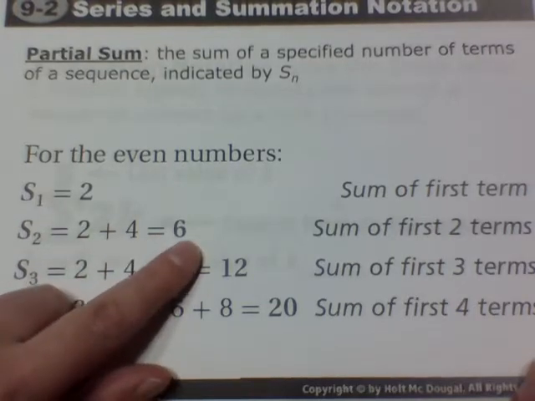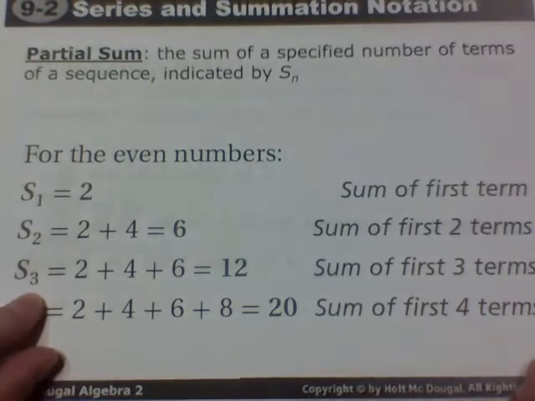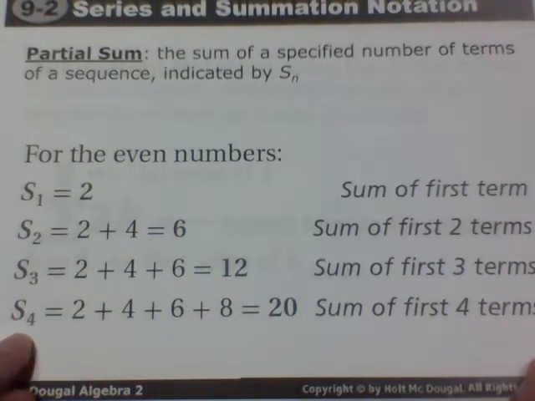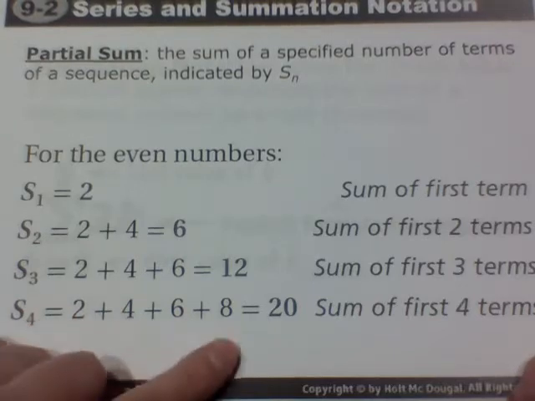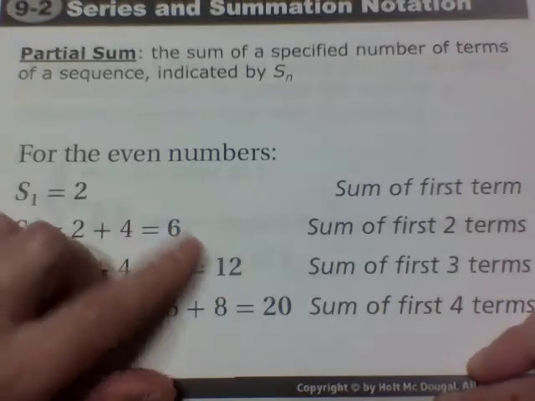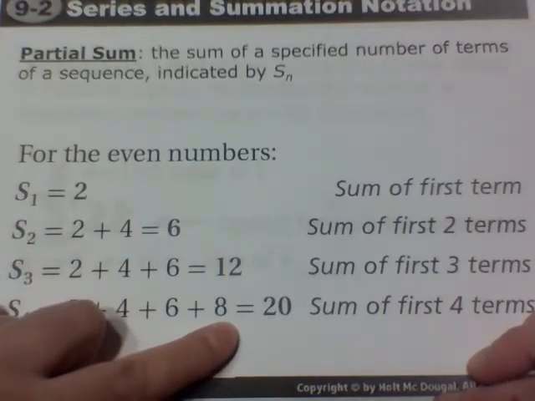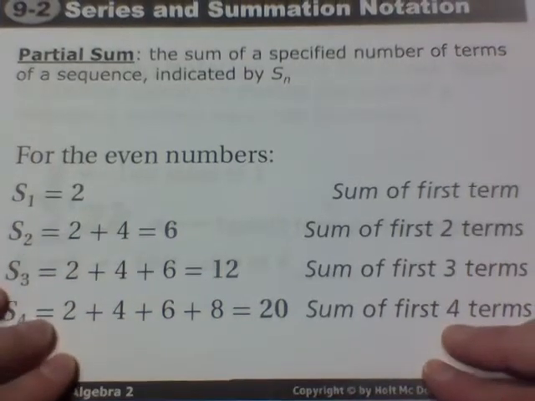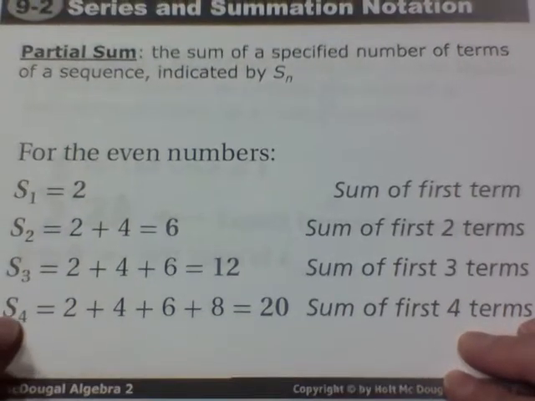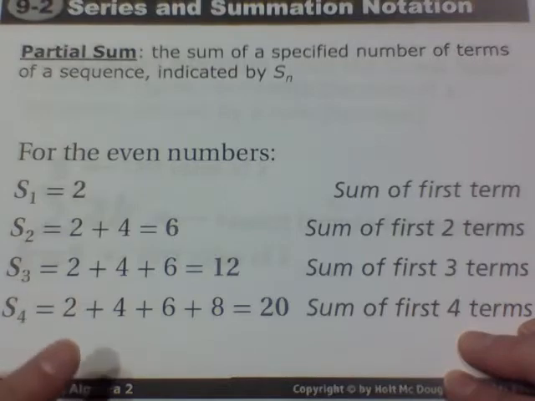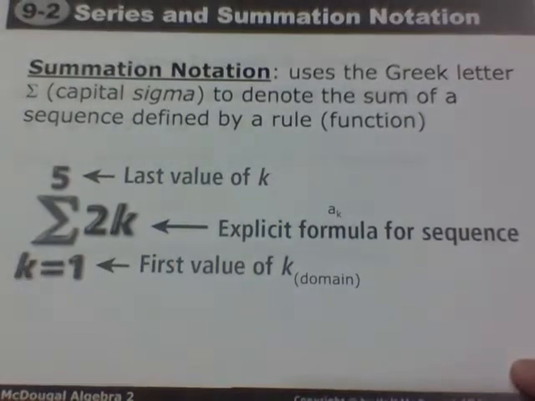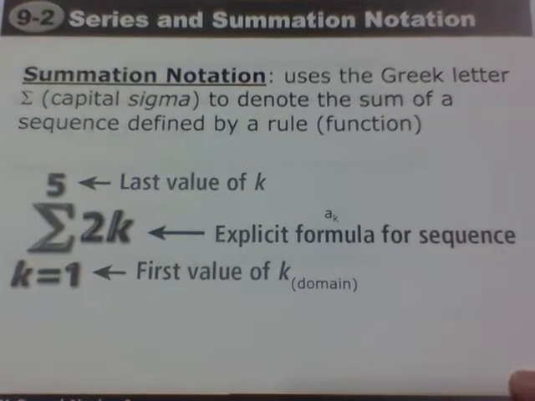And then, of course, the sum is 6. The sum of the first 3 even numbers is 2 plus 4 plus 6, so 12. And the sum of the first 4 numbers is 2 plus 4 plus 6 plus 8, so 20. So you're always taking the previous number and then adding that next even value, at least in this sum. Partial sums always have this number down here by the S indicating how many terms you're going to add together.